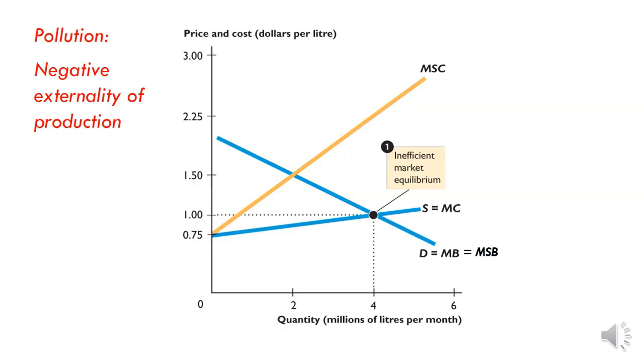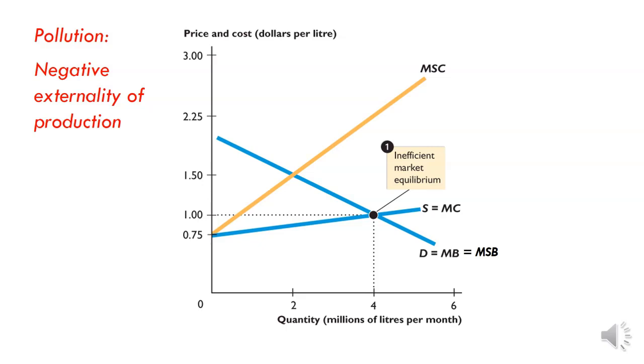The marginal external effect gets bigger and bigger. The larger the amount of production, the bigger the negative external effect. So if we included the negative external costs with the private costs, then the marginal social cost curve would be up here.